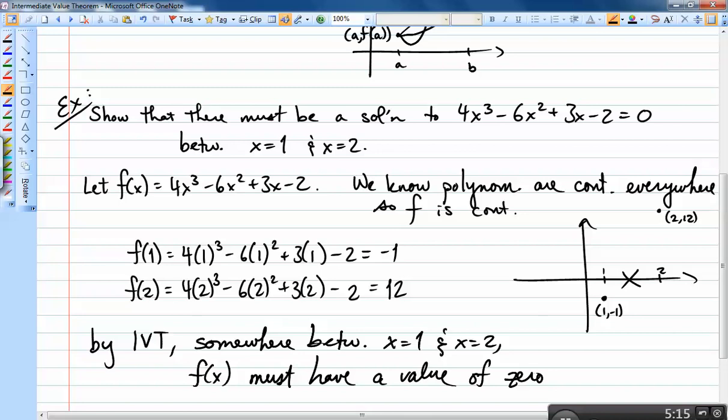Because over here it's negative, over here it's positive, so it's got to cross somewhere. If it wasn't continuous, then we don't know, because maybe it would do something like that, right? But it is continuous, so it's got to be connected. It has to cross the axis somewhere. So that guarantees that there's going to be a solution to this, because if this side is f of x, somewhere it's got to equal 0.